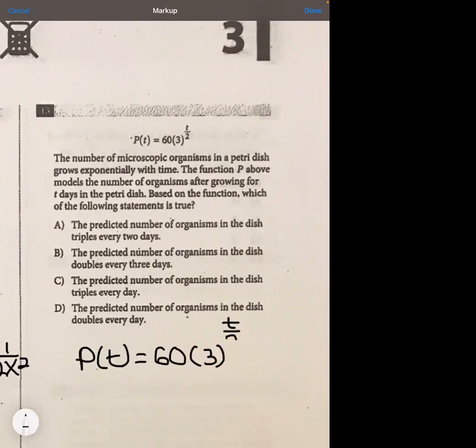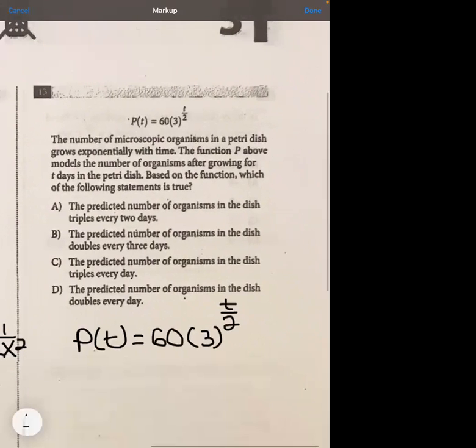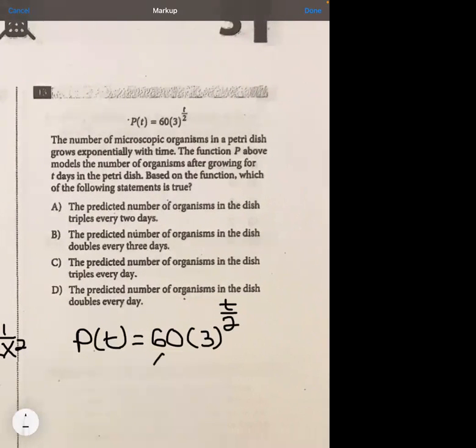So looking at this equation, which I just copied down, the 60 out here is represented as the initial value. The 3 is the rate.